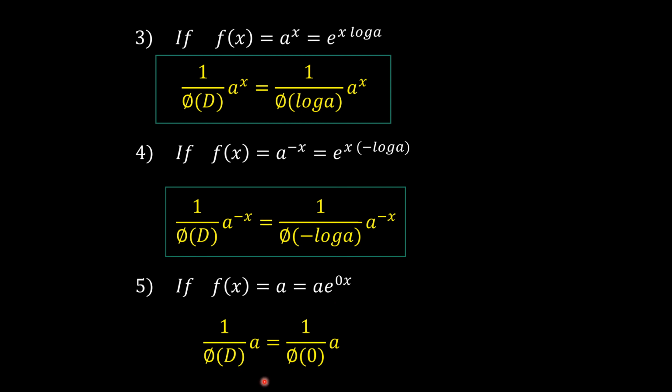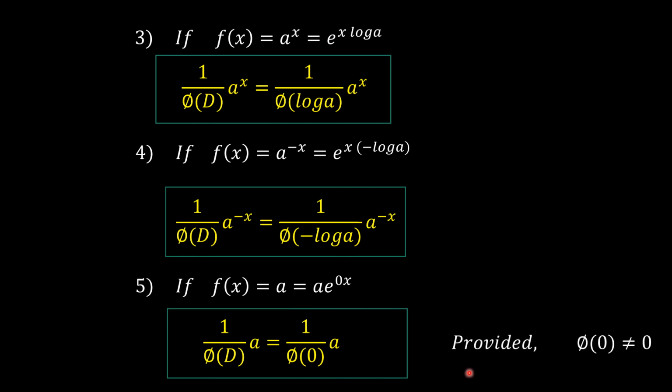So replace d by 0 and a is constant, so we will keep it as it is. So in this way, we will evaluate the particular integral in case our f of x is the constant function, provided that this phi of a should not be 0, which is the required condition. I hope you have understood this.